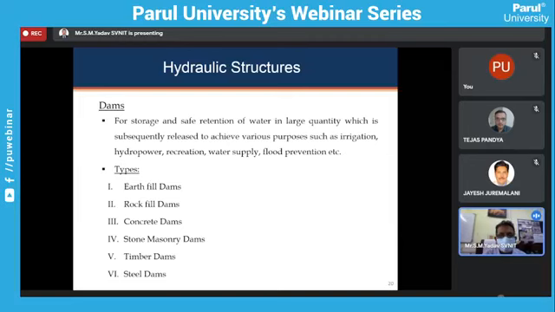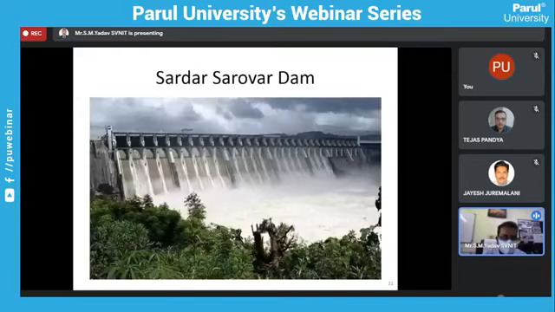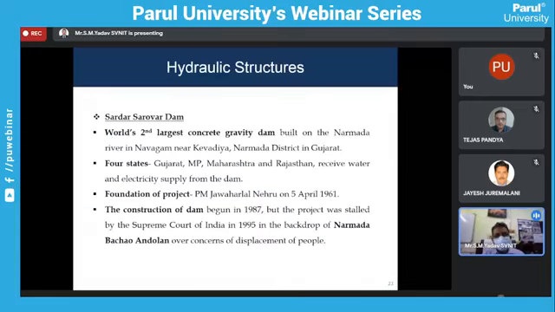This is a picture of Sardar Sarovar Dam. Many of you who are from Gujarat might have seen this particular dam. It is one of the major dams of Gujarat, constructed across the Narmada River, and it's a multi-purpose dam which produces electricity as well as supplies water up to the state of Rajasthan, which has the longest canal network.